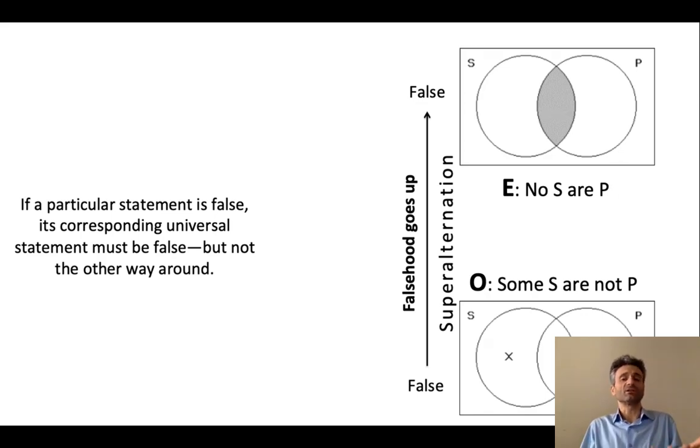Because if it is false that some are not, if the negation is false, this might sound confusing, but if I negate a negation, essentially a double negation gives you an affirmative, okay? So it is false that some are not. It means that some are. And consequently, it's going to be false that no bananas are yellow.